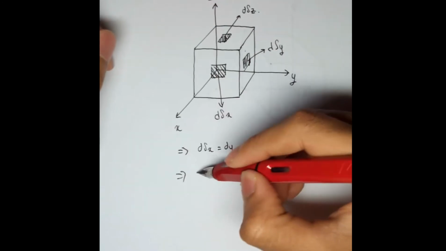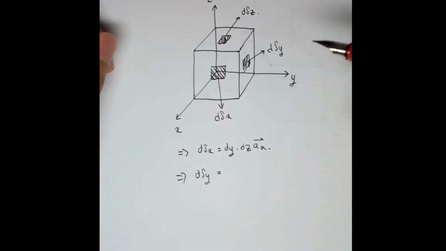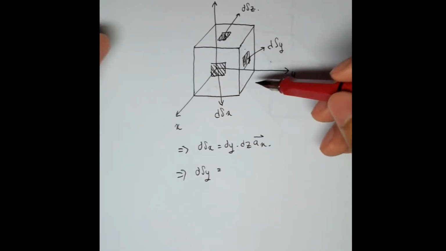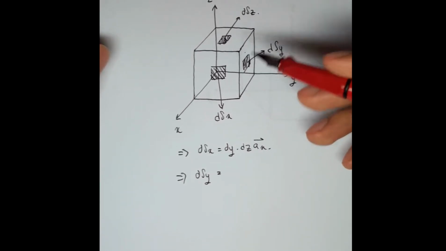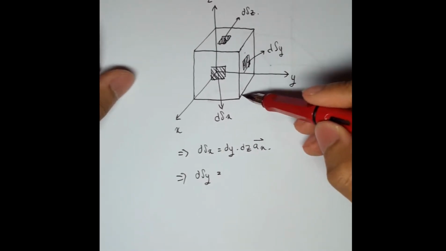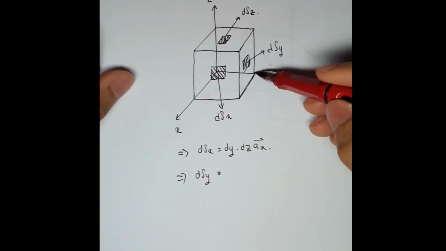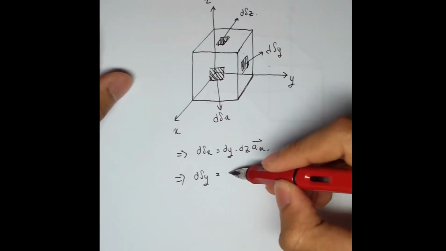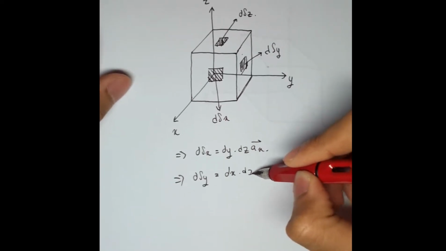Next is the differential surface of y. The differential surface of y is the same concept as the differential surface of x. Actually, we multiply the differential length of this and this, and we get dx times dz.